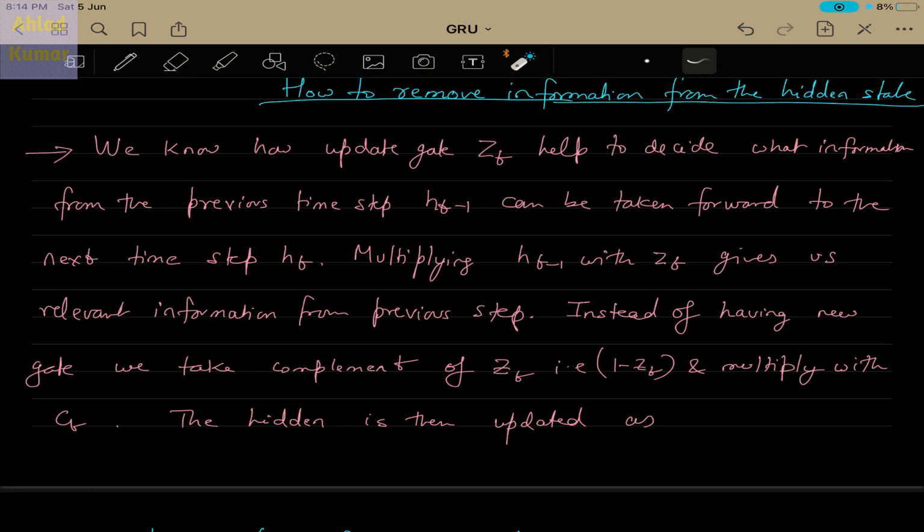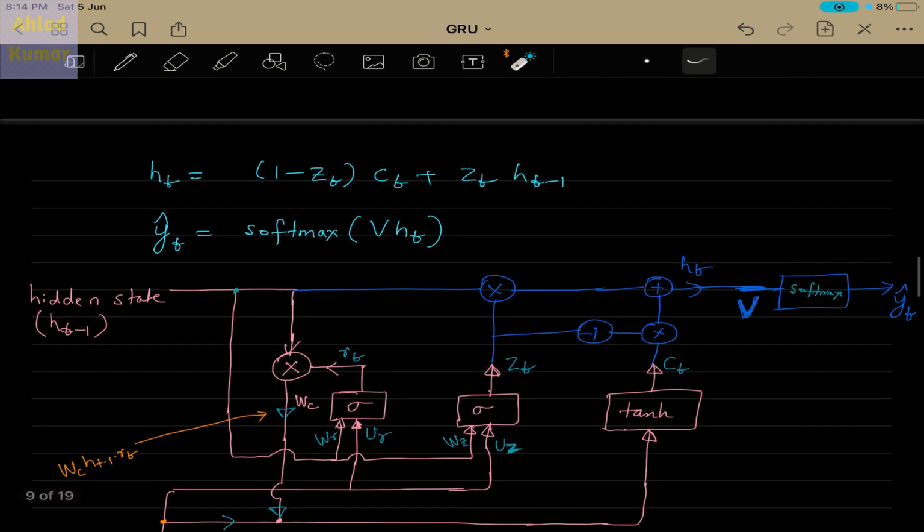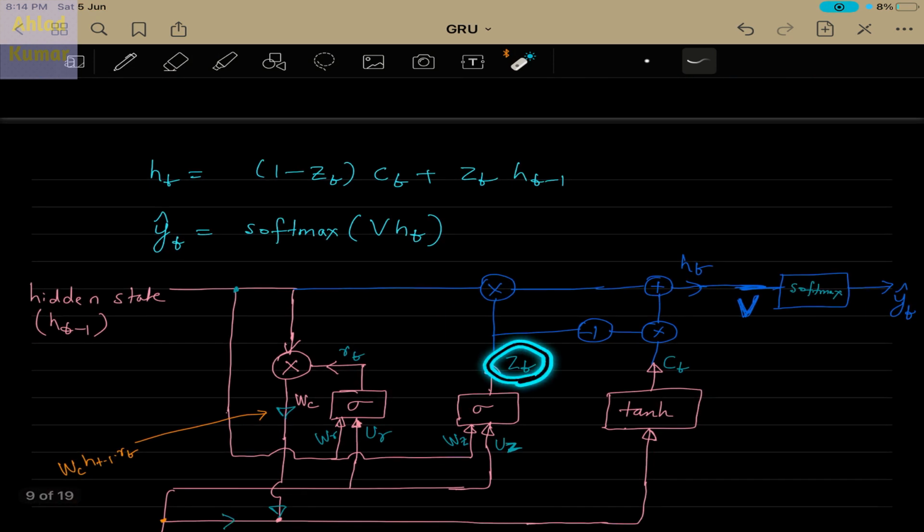So the advantage of GRU is that we are reducing the number of gates, so that the number of parameters also reduces simultaneously. Instead of having a new gate, the authors have taken a complement of zt, that is 1 minus zt, and multiplied it with the candidate state ct. So they have taken zt this side, and the complement of this is 1 minus zt here.